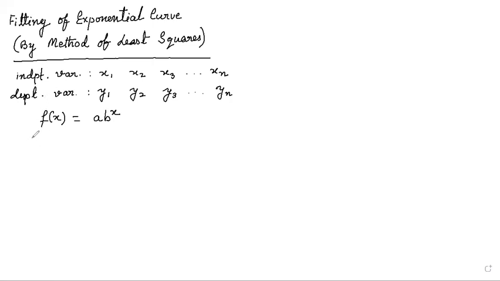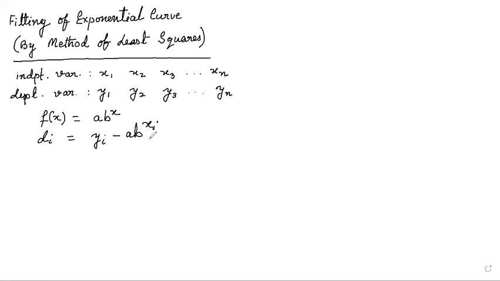First, let us write the distance, and then I can reform the curve. So the distance, I can take it as small d_i equals y_i minus a b to the power x_i. Now, I am taking this distance in a bit simpler form instead of this power form, to overcome the difficulty, because while taking the derivative it will be difficult to work with this form.